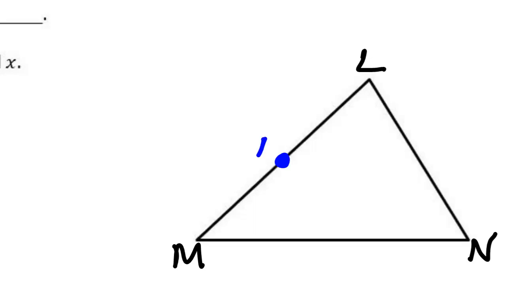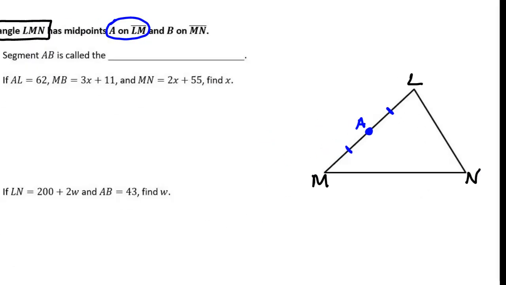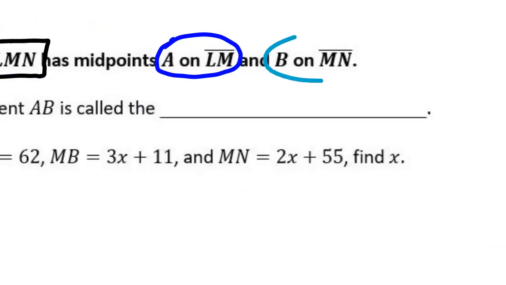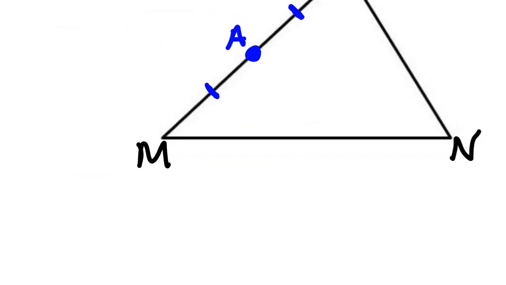So here would be my midpoint A. That means that MA is the same size as LA. And then it has another midpoint B on MN. So B would be somewhere down here. And MB would be the same size as NB since it's a midpoint.